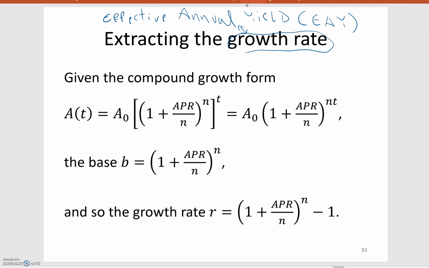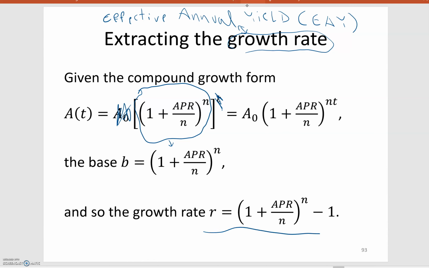These are synonymous. And to find the growth rate, what do we do? Well, we basically isolate the factor, which is all this business in here. So we get the factor, and we forget about a sub 0, we forget about the variable t, and we just look at the factor. That's b. And then to recover the rate from the factor, just like we always do, we subtract 1 from this, and then to put it in percent form, we multiply it by 100.